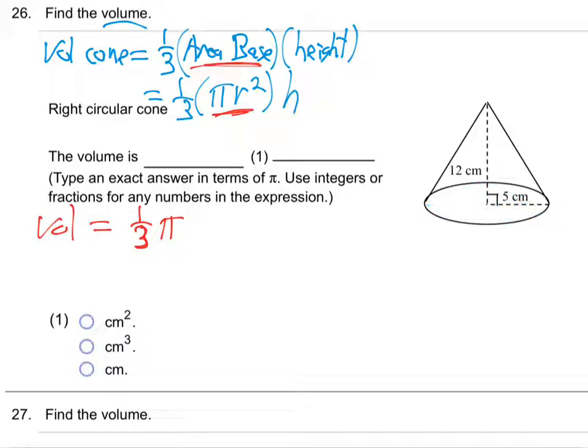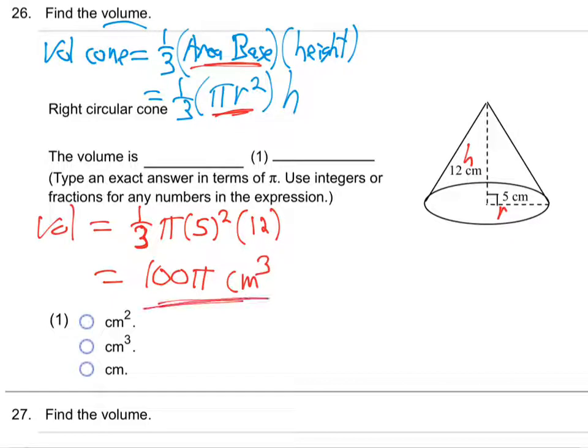The r right there is the 5, isn't it? And the height is the 12. So multiply that in your calculator. I think you're going to get 100 pi. And what are the units? Cubic centimeters, because volume is always cubic units. There we go.